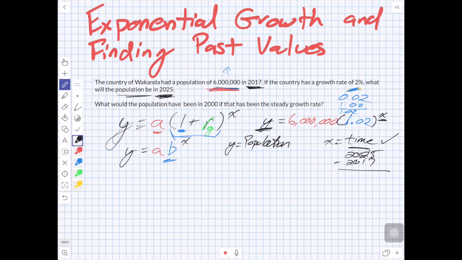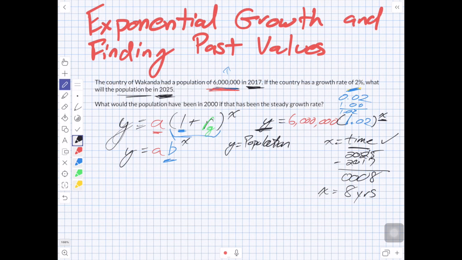When we subtract here, we end up with 8. So in other words, 8 years will pass from 2017 to 2025. So our x value is going to be the number 8.